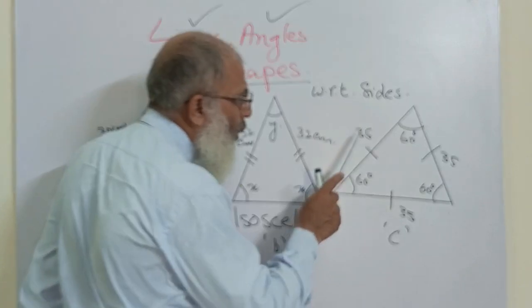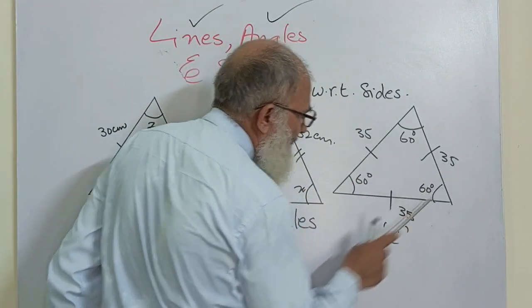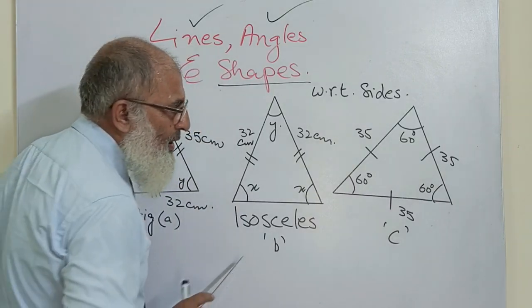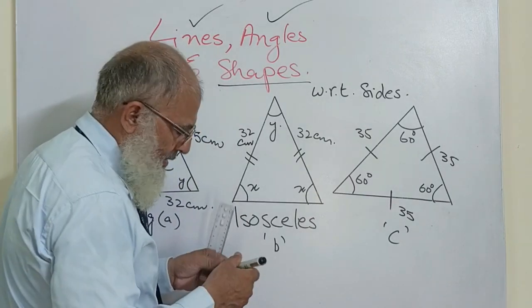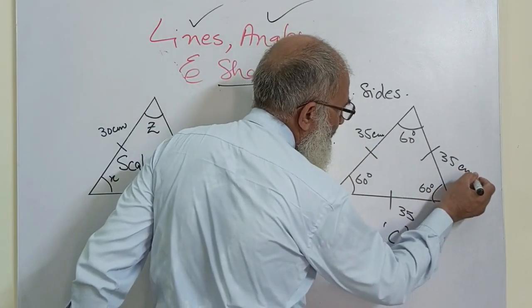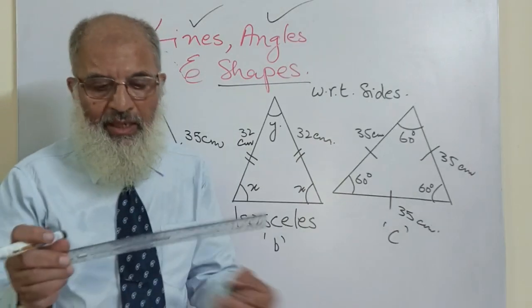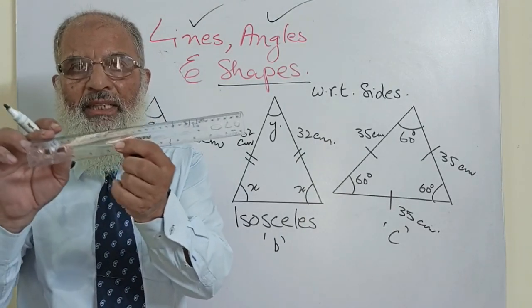And when all the three sides are equal, this is centimeter, don't confuse it with this, this is board, so this is centimeter. You see that this consists of 30 centimeters.